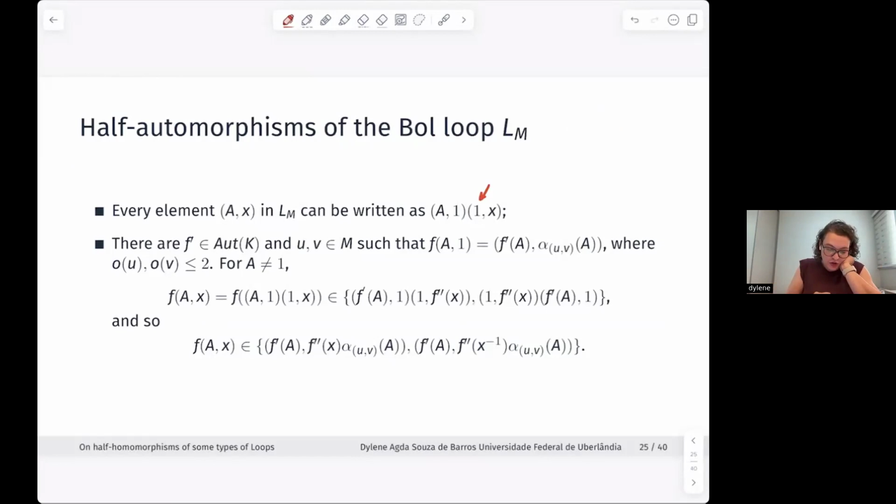There are F prime an automorphism of K, and U and V in M, with order less than or equal to 2, such that F of A1 is F prime of A, alpha UV of A. For A not equal to 1, we have F of AX, and we just make this computation over here.